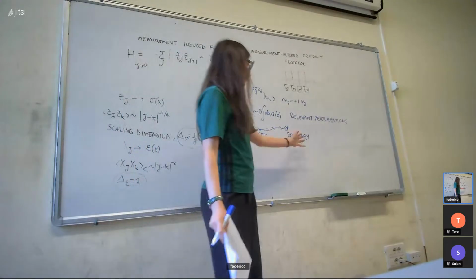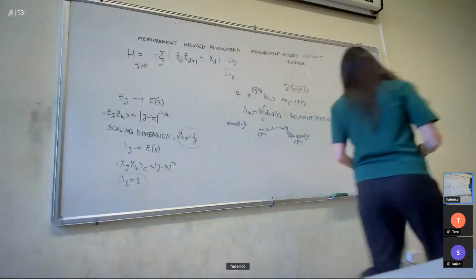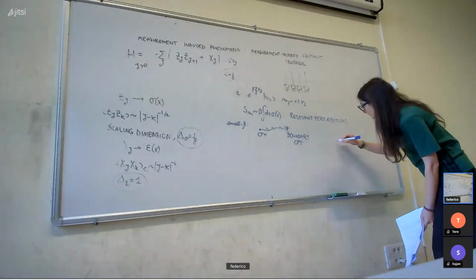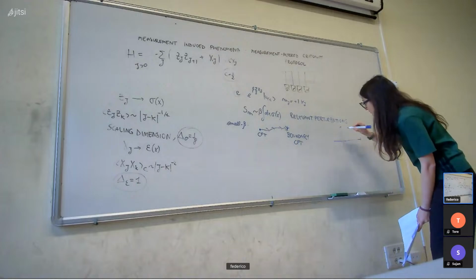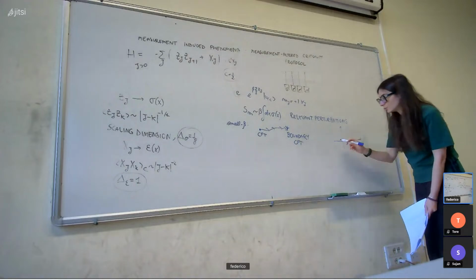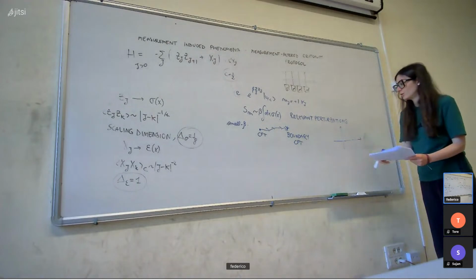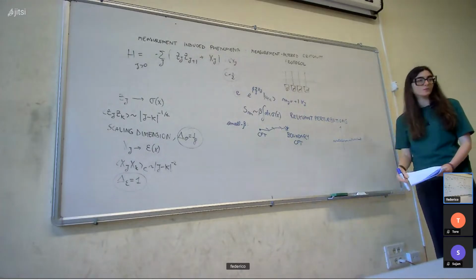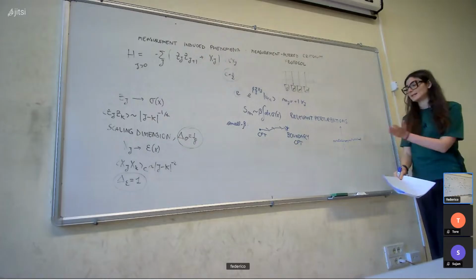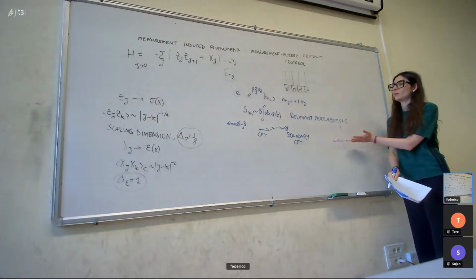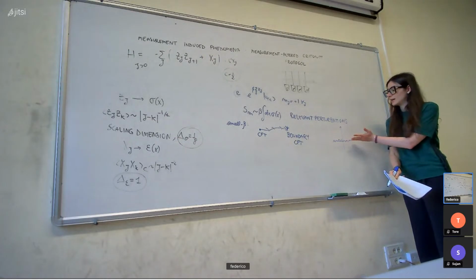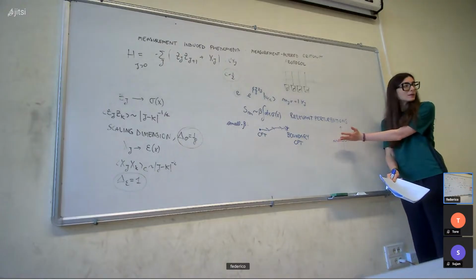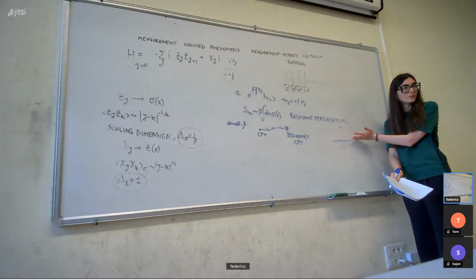Now, what is a boundary conformal theory? We are doing measurement along this tau zero line, and the measurement is relevant. So it really means that we are pinning our spins along the boundary.